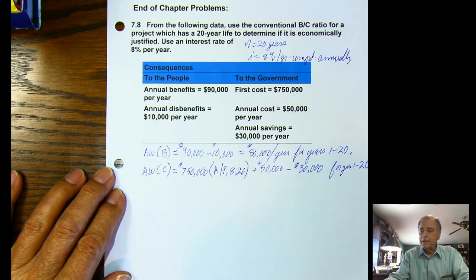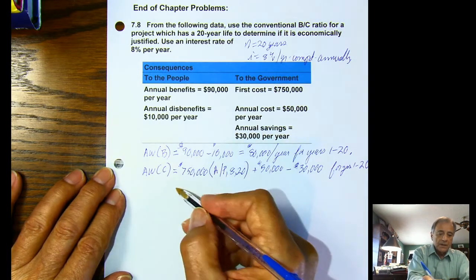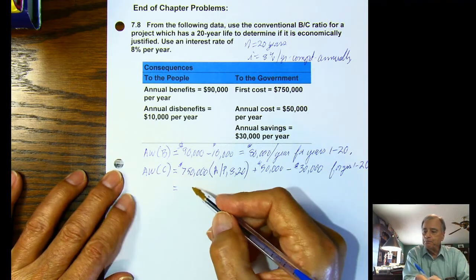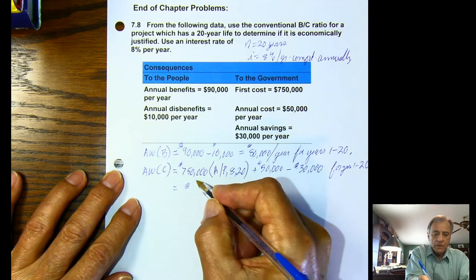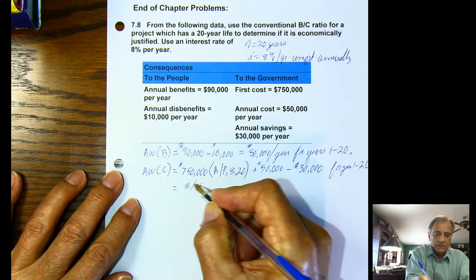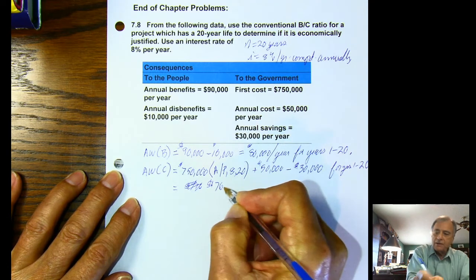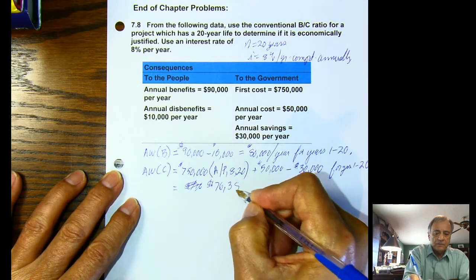If you plug in to the A given P equation for 8% for 20 years, this number comes out to be $76,389.